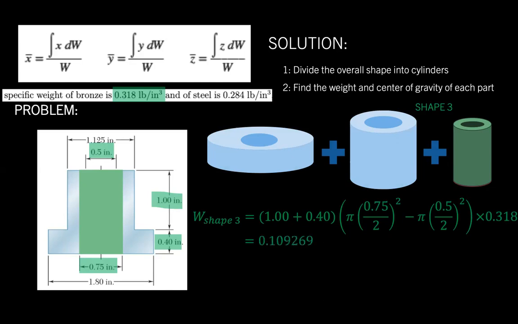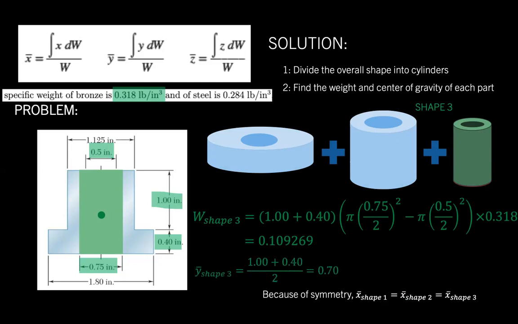We get that the weight of shape 3 is equal to 0.109269 pounds. And then the centroid we can find by doing 1 plus 0.4 all over 2, because that is half the height of that cylinder, and that is equal to 0.70 inches.